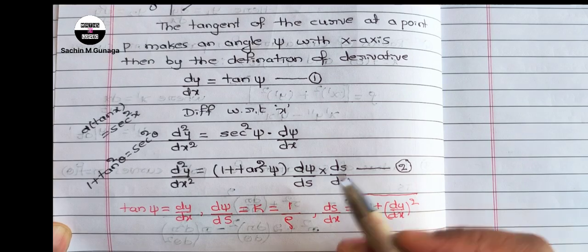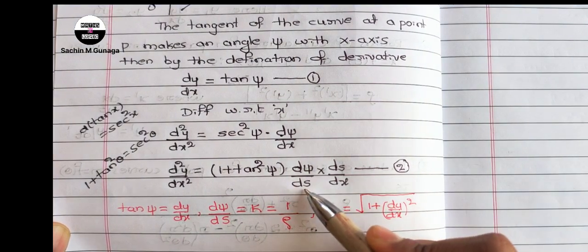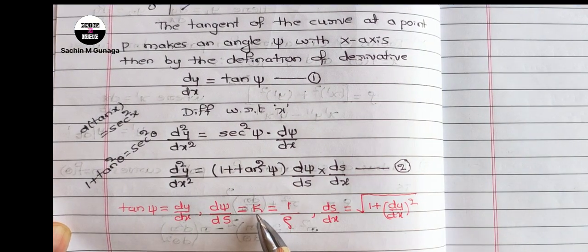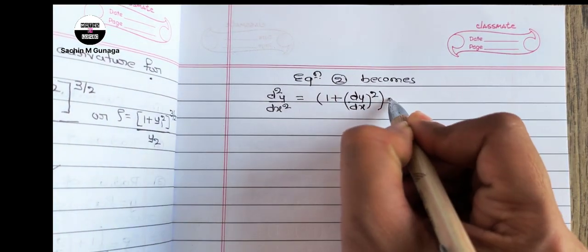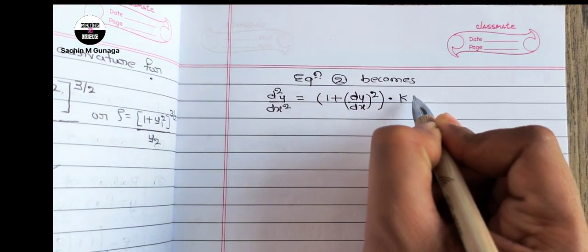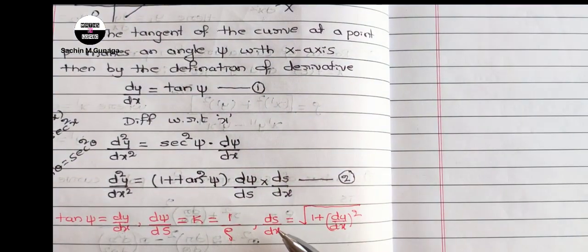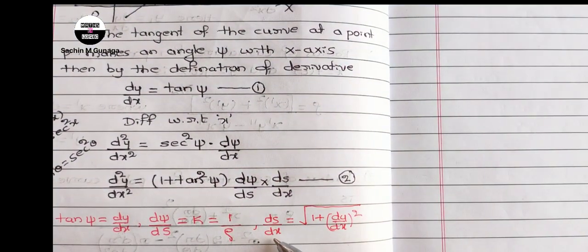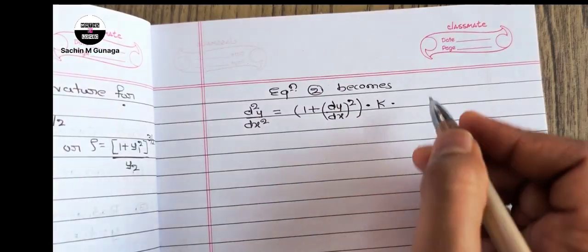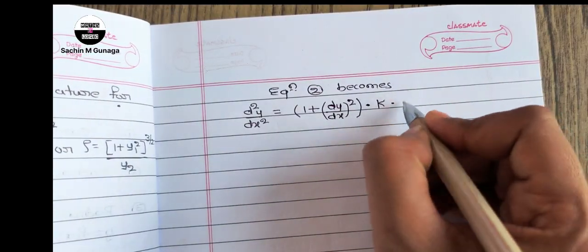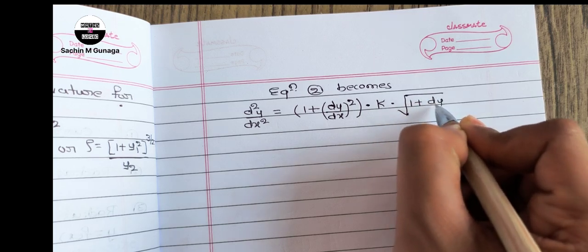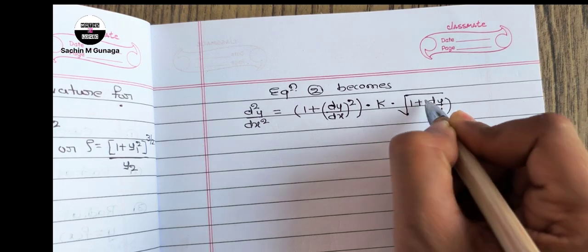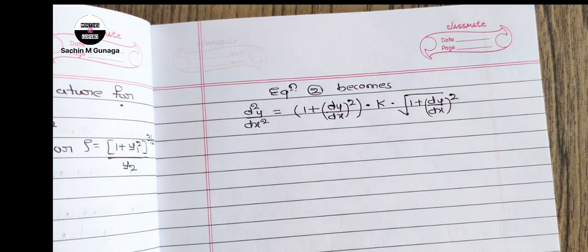Next, d psi divided by ds is nothing but the curvature, that is k, into k into the ratio ds divided by dx, which is square root of 1 plus (dy by dx) whole squared. So that is square root of 1 plus (dy divided by dx) whole squared.